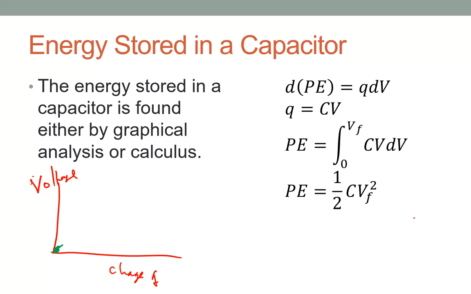But as soon as one electron goes from one plate to the other, that's going to create a voltage. And then if I have another electron go across, the voltage is going to increase. And so if I charge the capacitor, my voltage increases linearly with the charge.